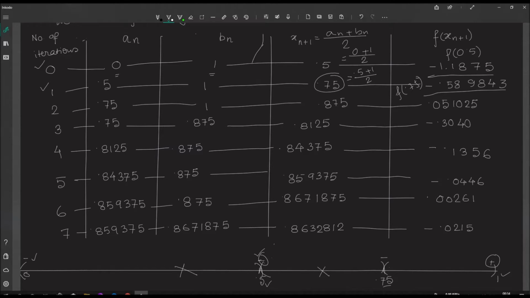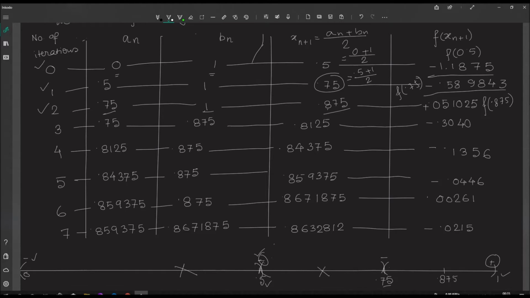So that is our third iteration. We are starting from 0.75 and 1. In the same way, the middle is 0.875. Here the result of f(0.875) we are getting as plus.